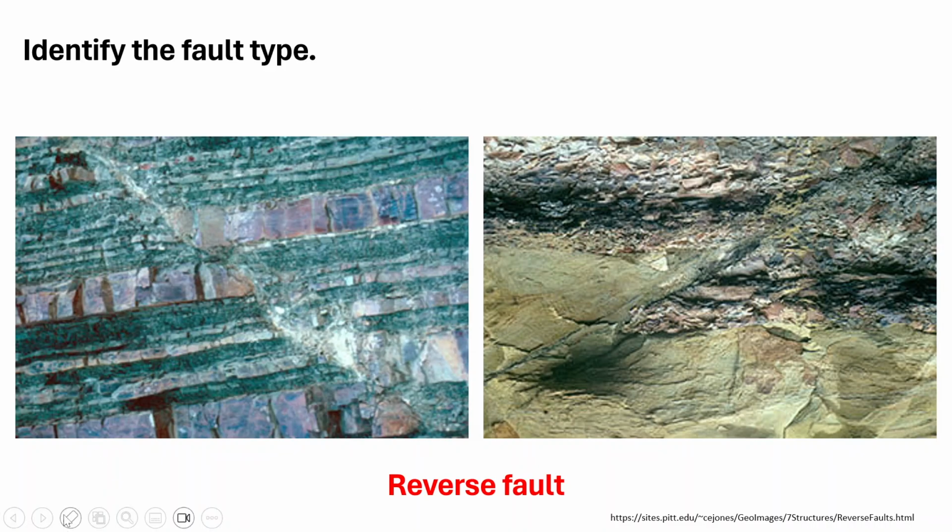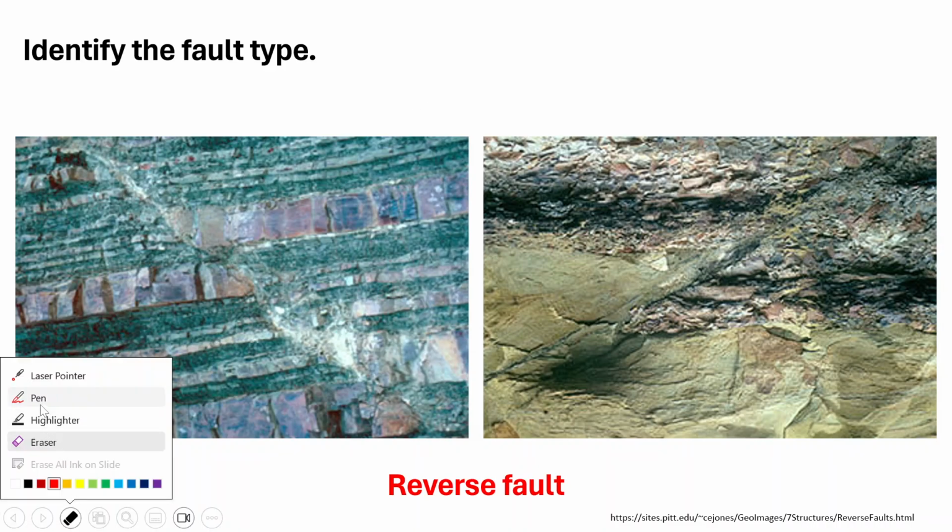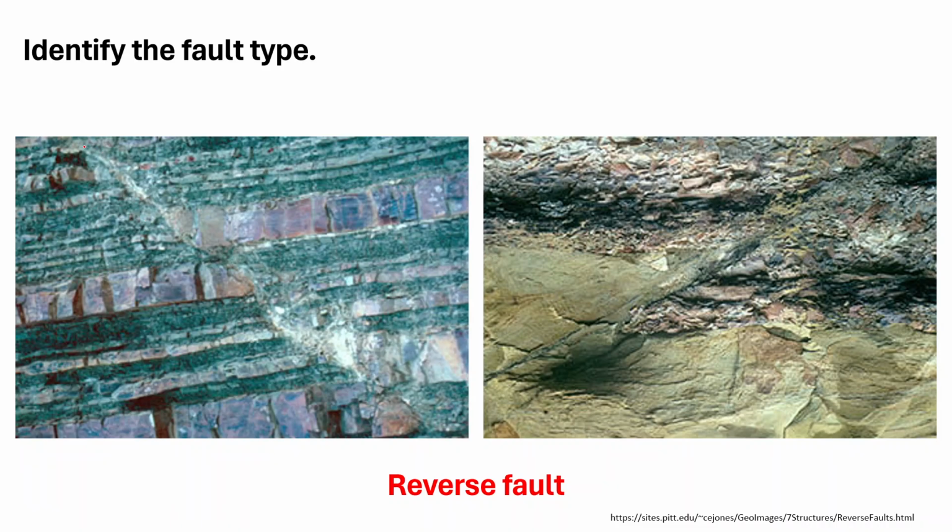If you remember my previous explanations, I hope you can identify where the fault line is. So this is the fault line in this image, and in this image this is the fault line. If you look at this layer and this layer, you can see there is an offset. This block has moved in this direction and this block, relative to that, has gone down.